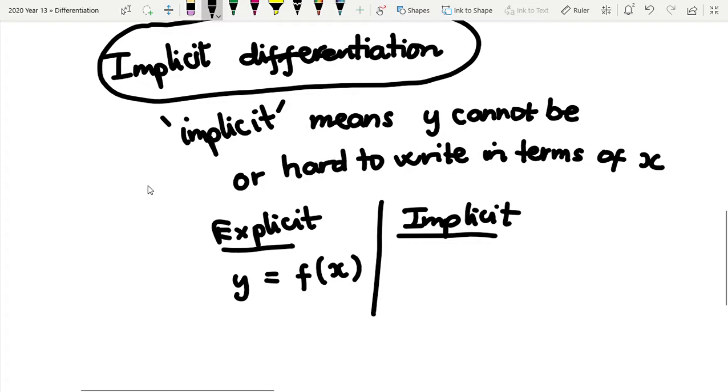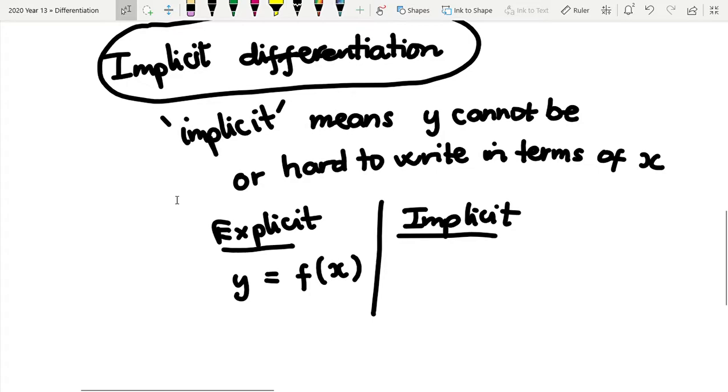You've been differentiating for centuries and you probably know how to differentiate y equals f of x effectively. We have three methods: the chain rule, the quotient rule, and the product rule. Those three methods will blow your mind away when we do explicit differentiation.